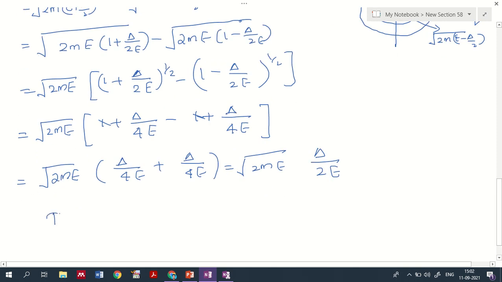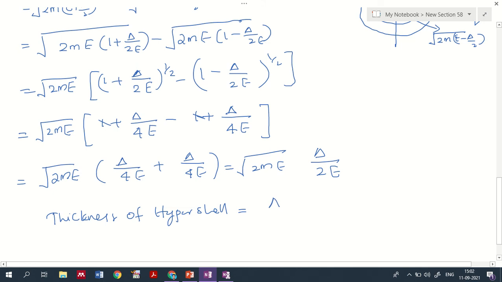So the thickness of the hypershell is equal to root 2me. Here the root m, root e, and e I can cancel, and root 2 and 2 also I can cancel.